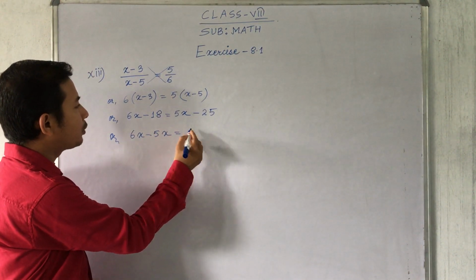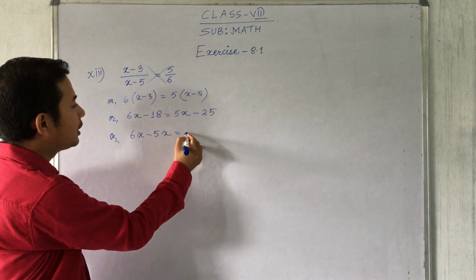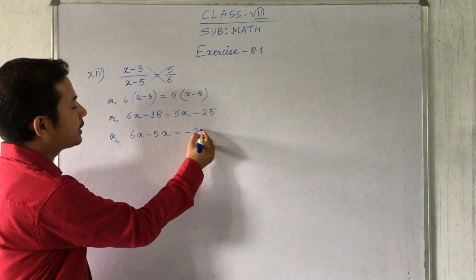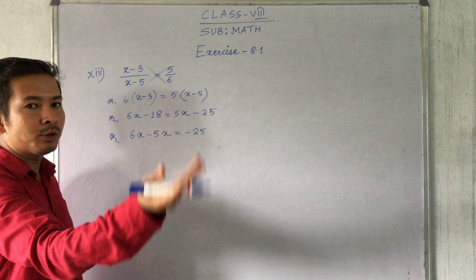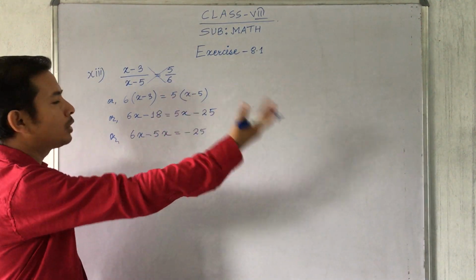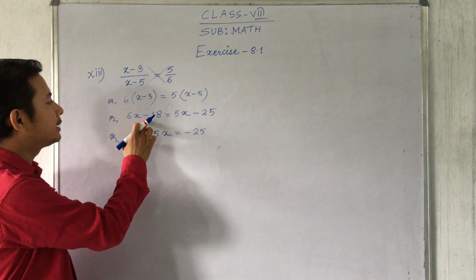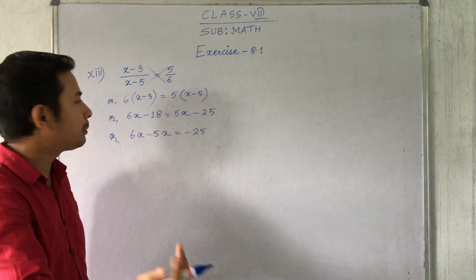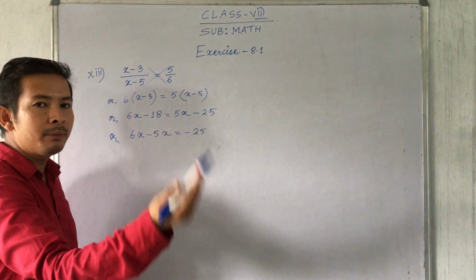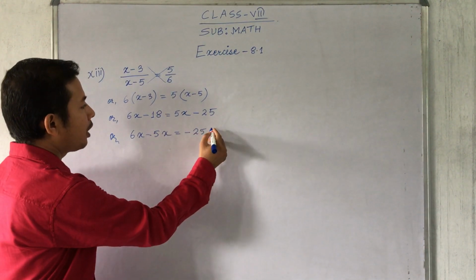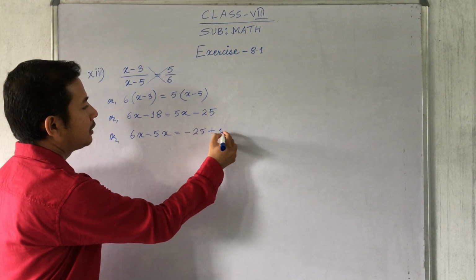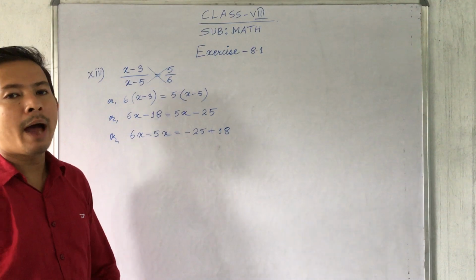Now equal to minus 25 is in the same place, but I am going to write minus 18 to the other side. So this negative 18 will be positive, that means minus 18 will be plus 18.